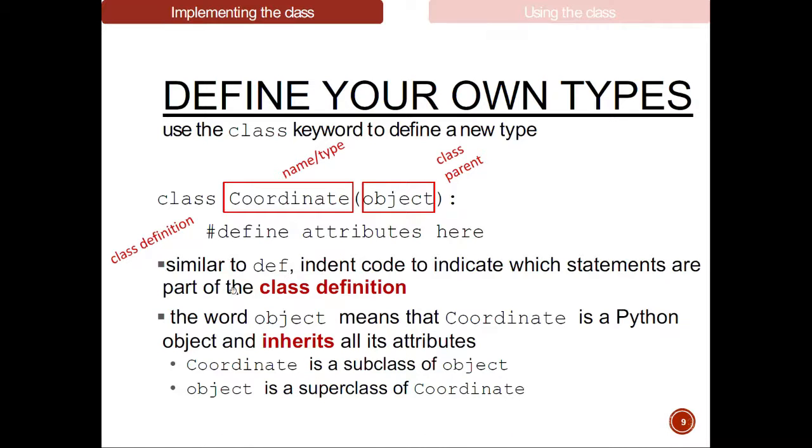Similar to the def word with which we define functions, indenting code indicates which statements are part of the class definition. The word object means that the class is a Python class and it inherits all of the attributes defined within it. So coordinate is a subclass of object, and object is a superclass of coordinate.